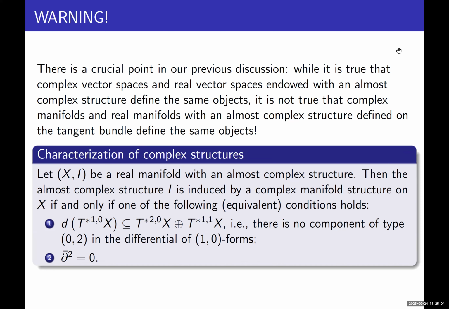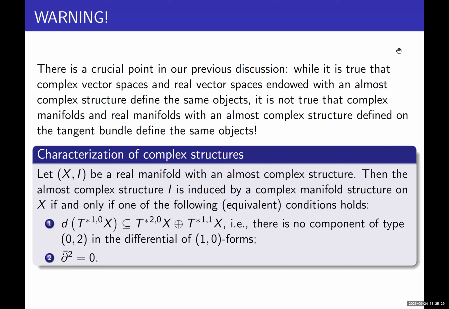In fact, the key point was that the differential splits as the sum of del and del bar, which was due to the fact that the differential of (1,0) forms is just given by (2,0) and (1,1) components. So there is no component of type (0,2), which in principle is allowed.